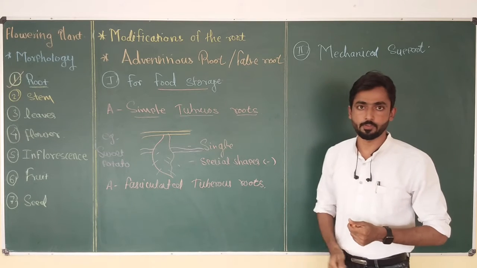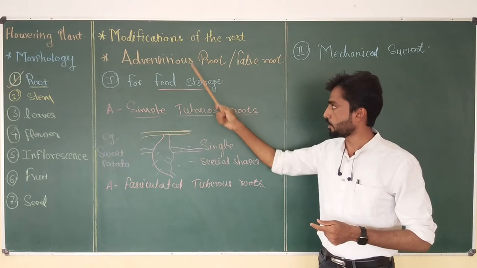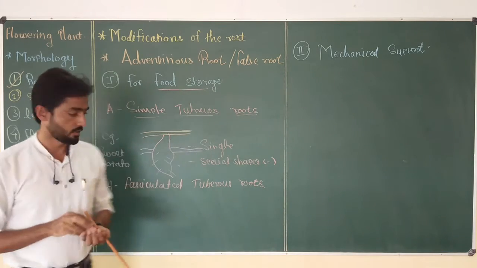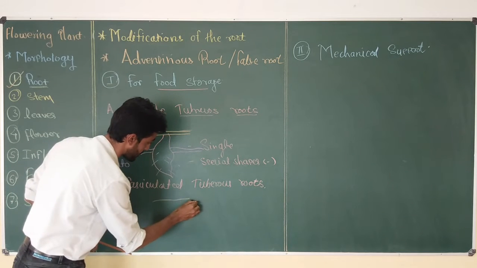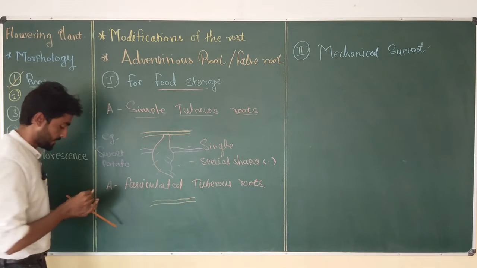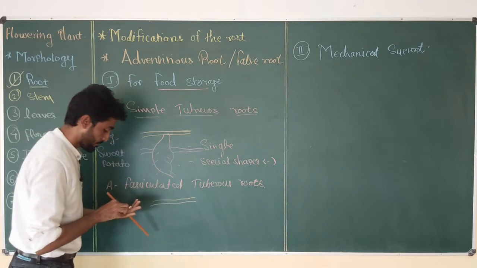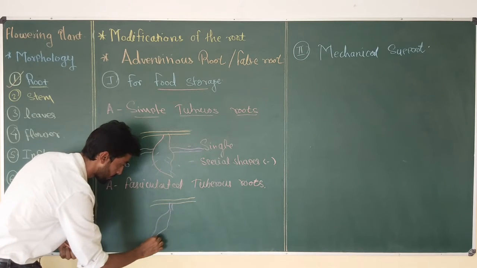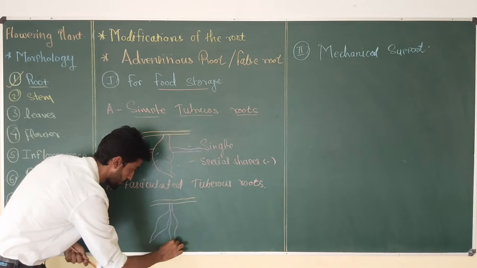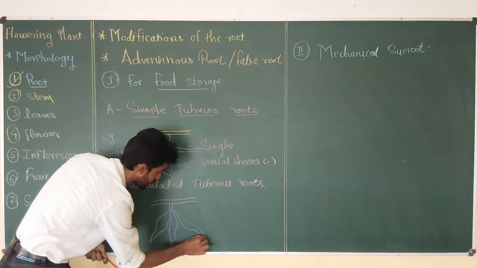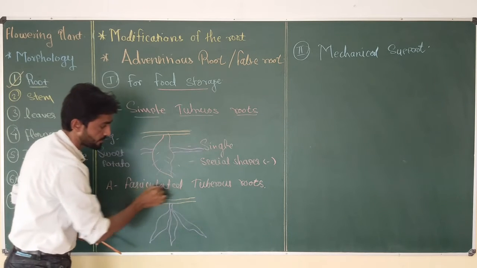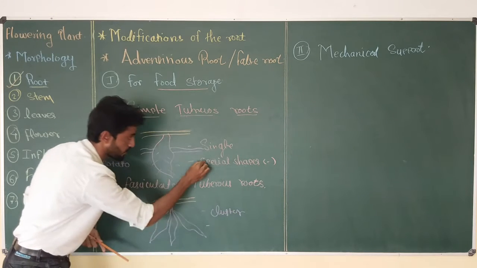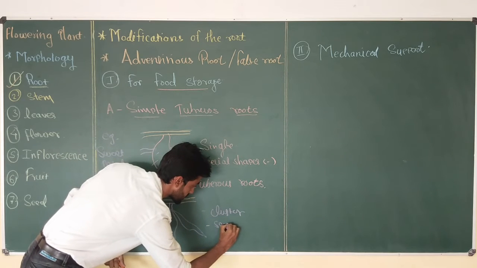The next type of modification of the adventitious root for food storage is fasciculated tuberous root. In this type of root, the root also develops from the stem, but they grow in bunches. Unlike simple tuberous root, fasciculated tuberous root grows in clusters or in a bunch. They also do not show special or fixed shape.